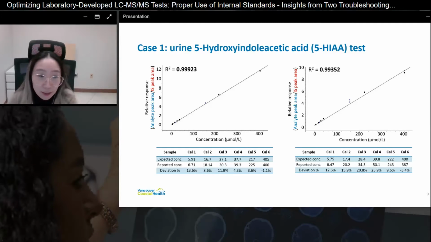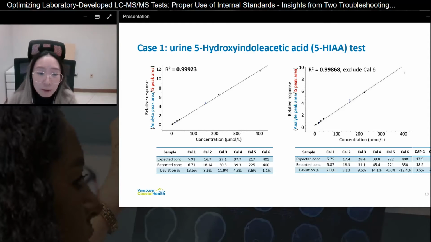Seems like there is a linearity issue. And we also tested 2 proficiency samples, with the result still being in the allowable range, but slightly positively biased. It looks like the Cal6 linearity issue is causing this issue.